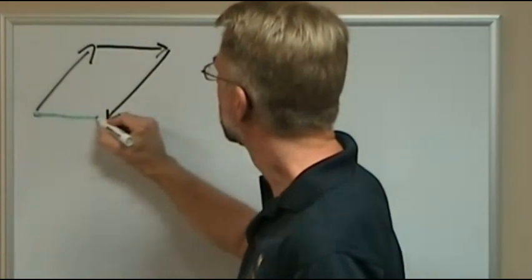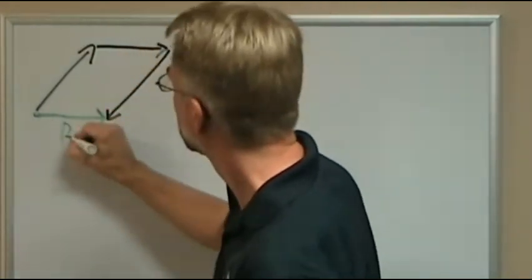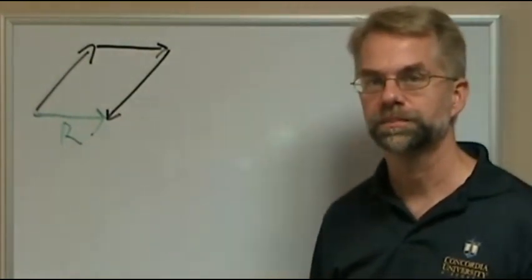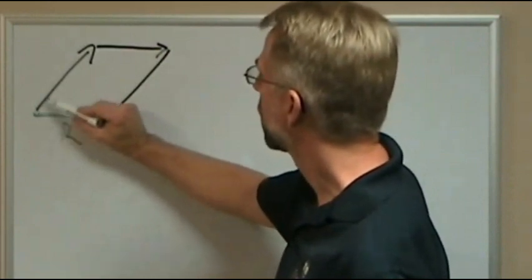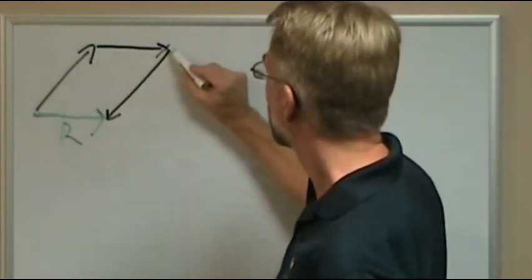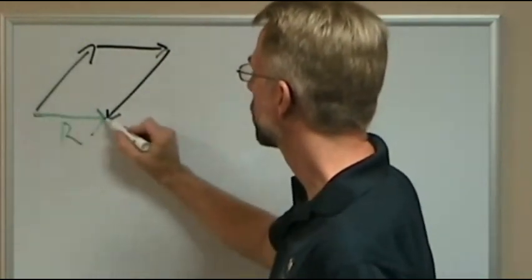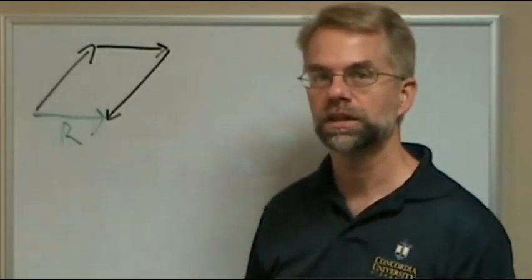That is to the tip of that last vector, and that is my resultant force. So you simply take your vectors and line them up one after the other, and then start where you started, end where you ended, and that becomes your resultant vector.